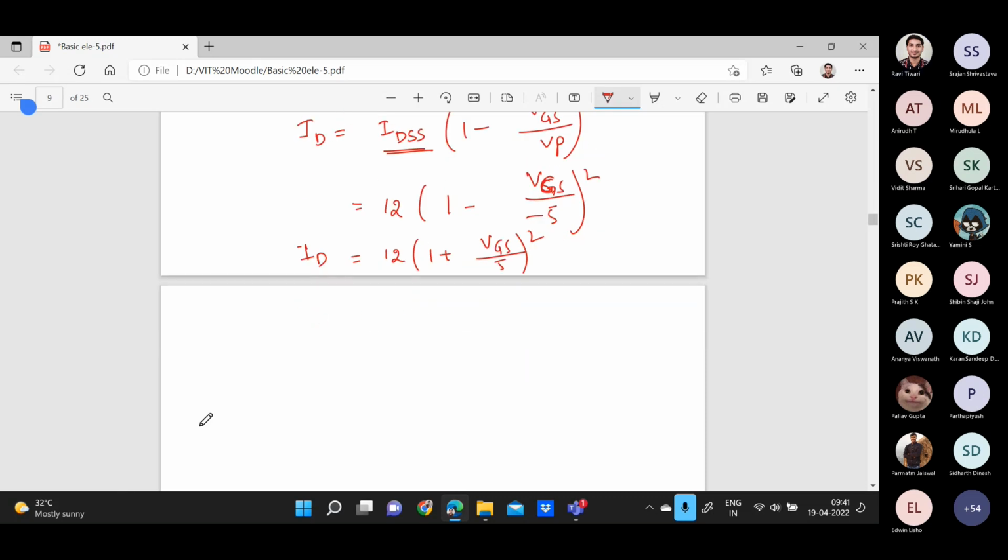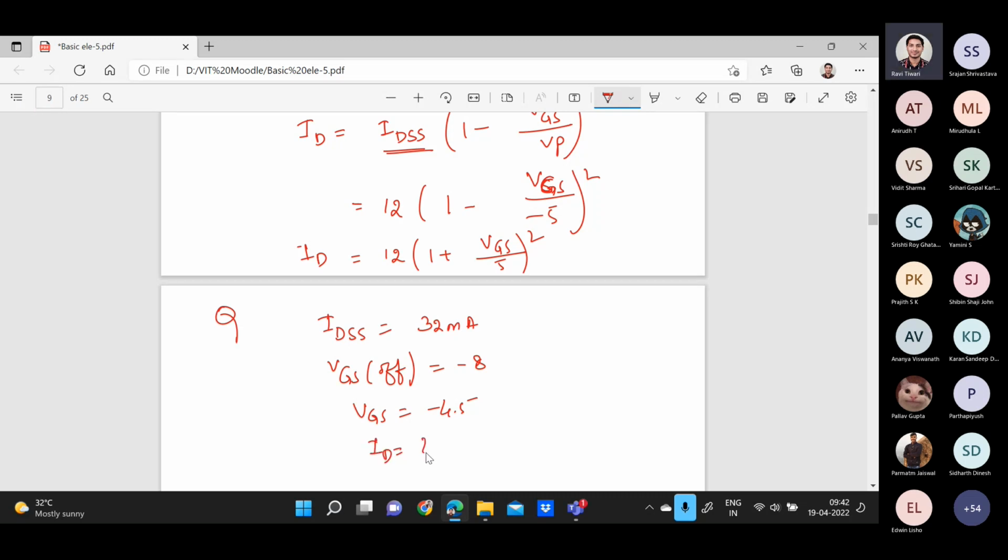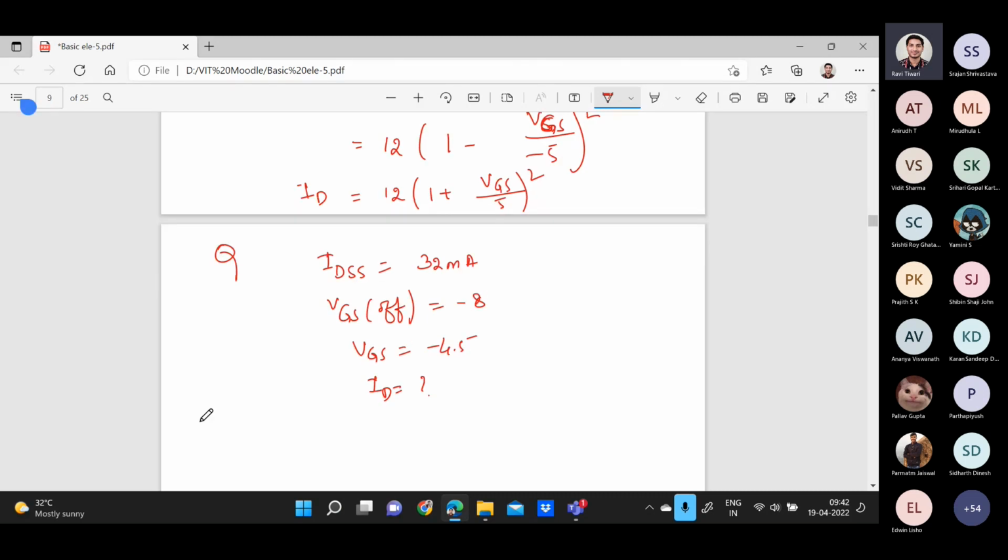Understand? Now see the second question. For example, they are giving IDSS equal to 32 milliamps, VGS offset equal to minus 8, and VGS equal to minus 4.5. They said find the value of ID. So from here, what is the first thing we remember?